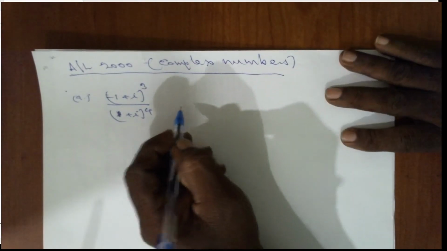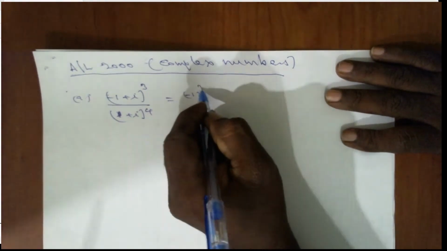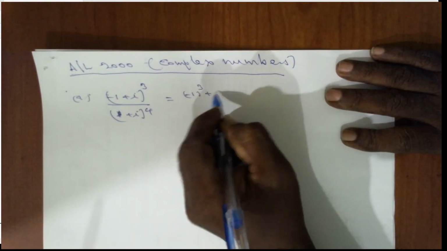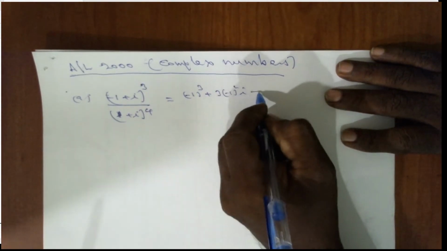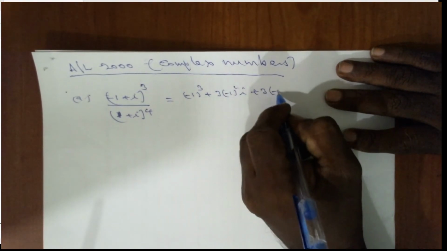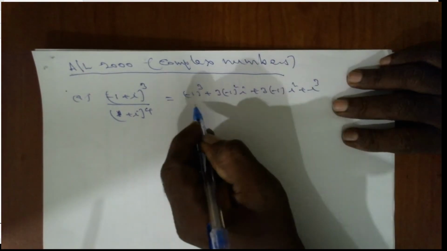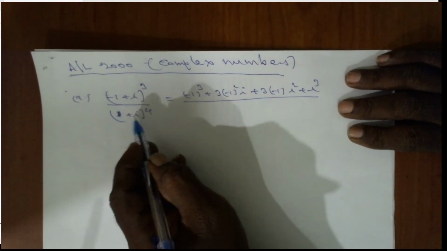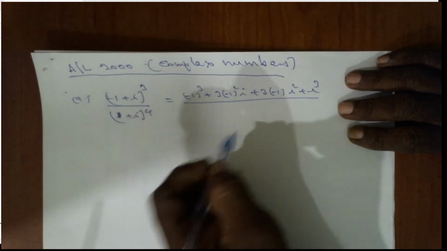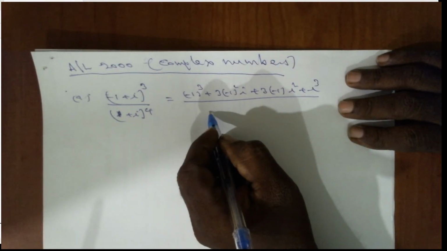So if you simplify this one, (-1)^3 + 3(-1)^2 i + 3(-1) i^2 + i^3, over, this can be expressed as (1 + i)^2 to the power of 2, right?